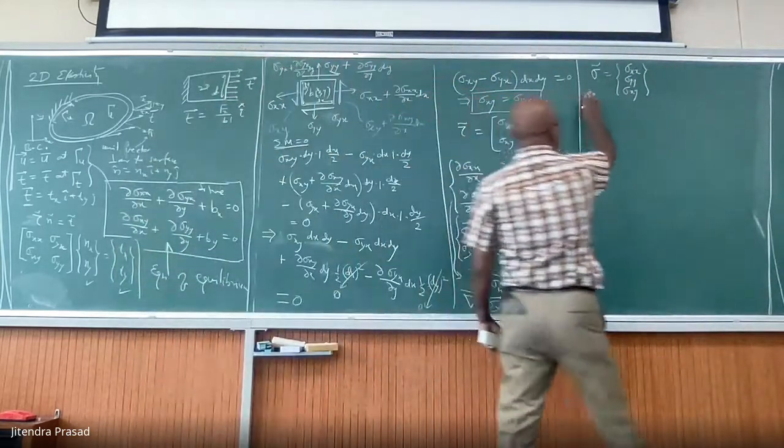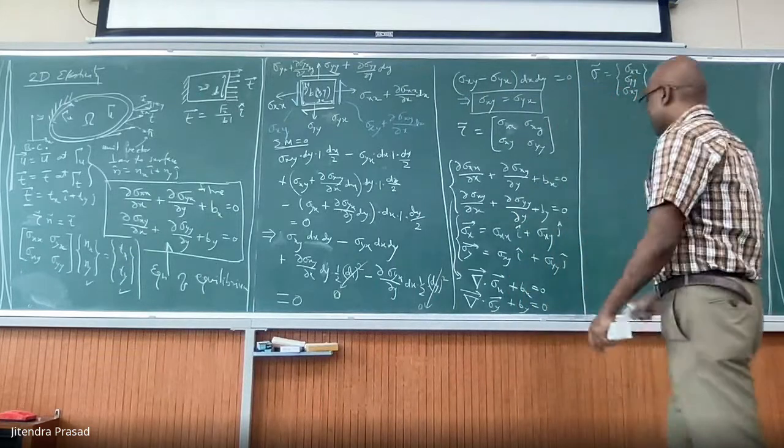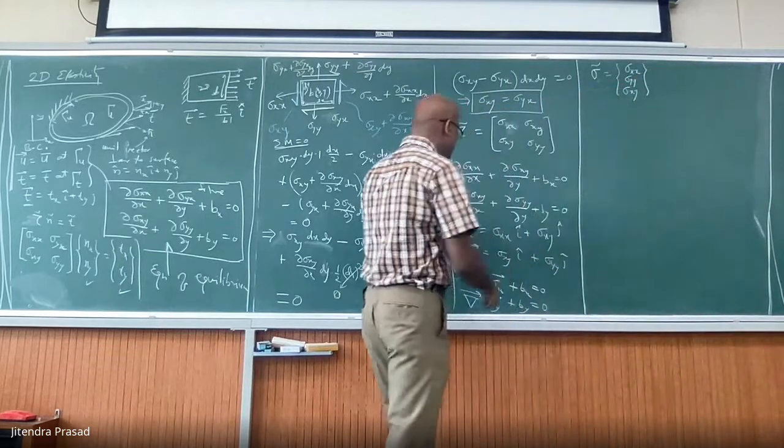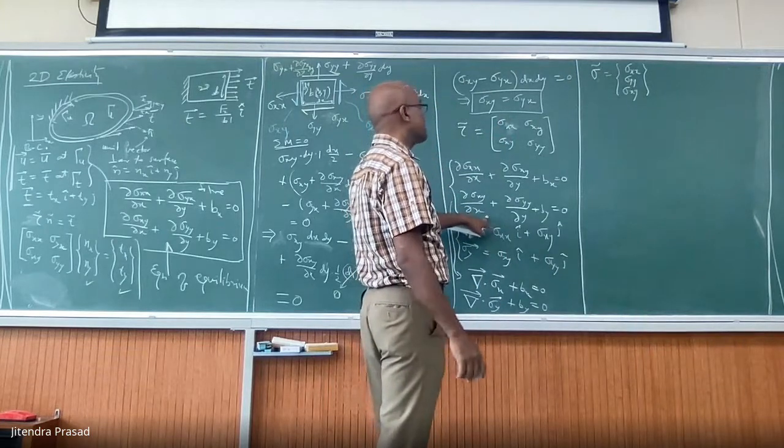So sigma equals sigma xx, sigma yy, sigma xy, and this equation we can also write a little differently. How do we write it?